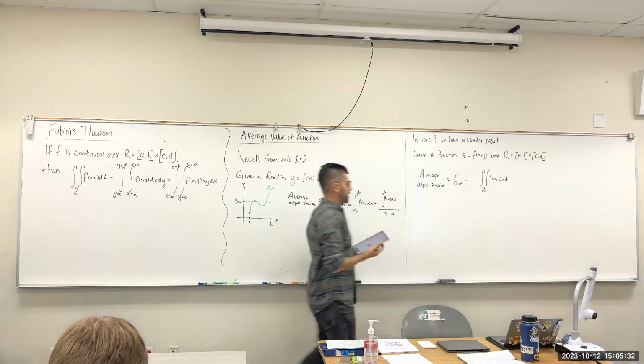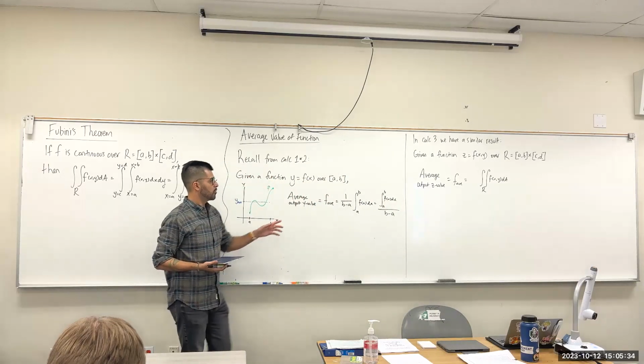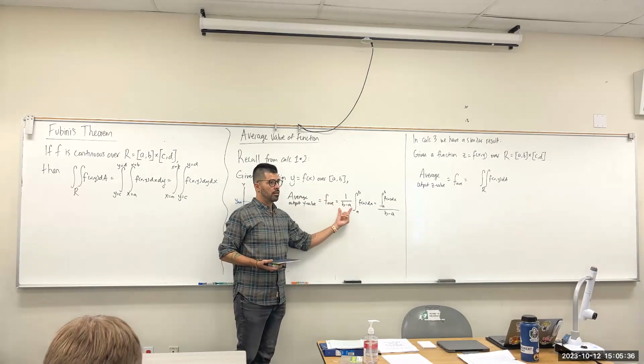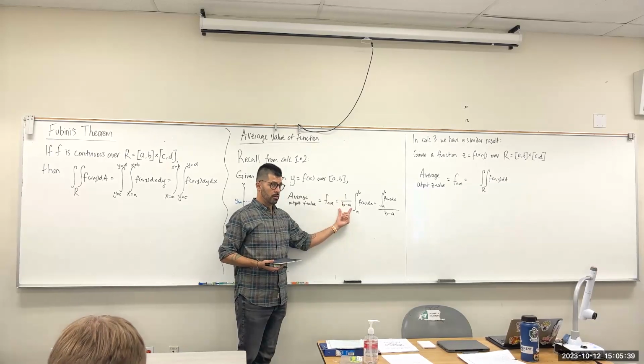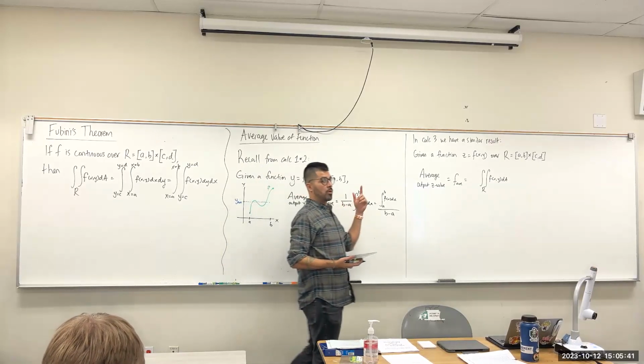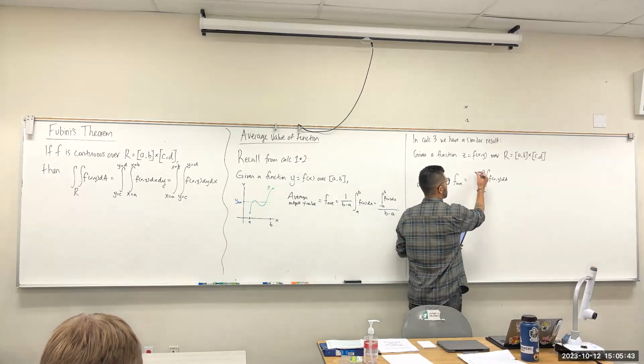And what do you guys think it'll be? This is 1 over the length of the interval that you're integrating over, so it's going to be 1 over the area of the region of your rectangle.